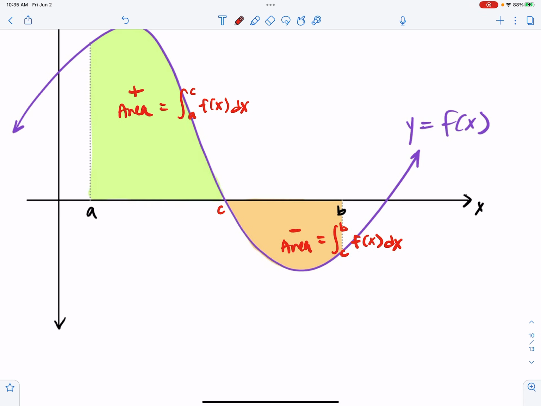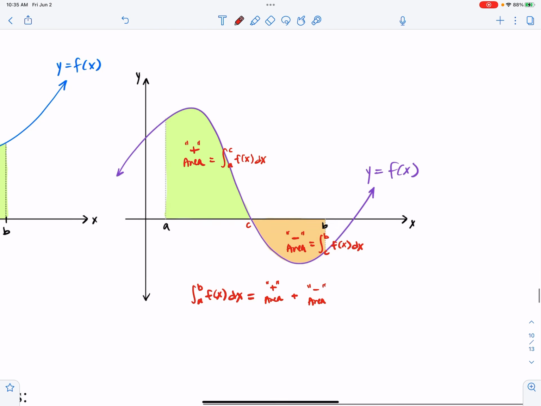And then the integral from a to b, in this case, would be taking that positive area and adding that negative area. So it would end up being the positive area, and then you'd actually end up deducting the negative area from that positive area.